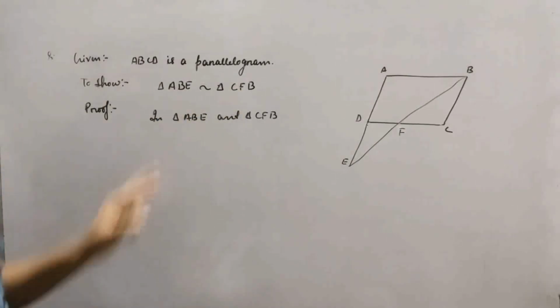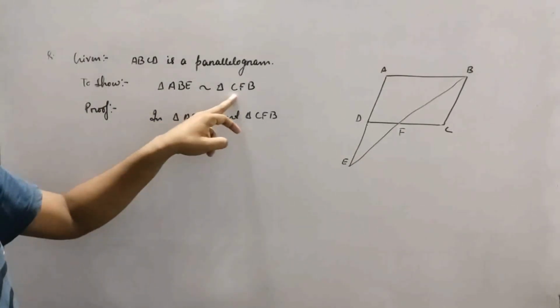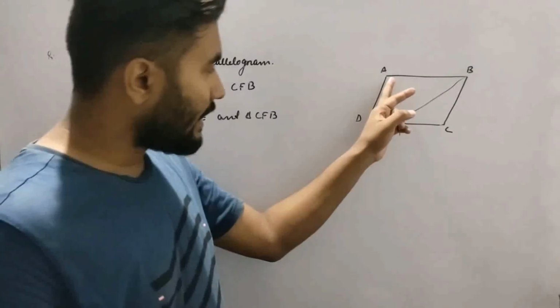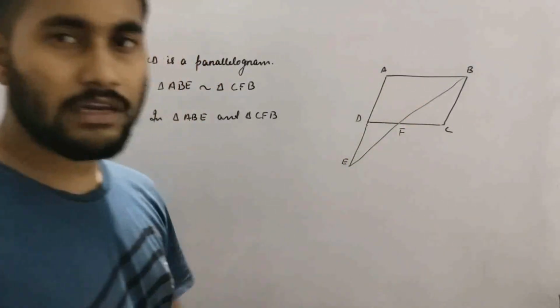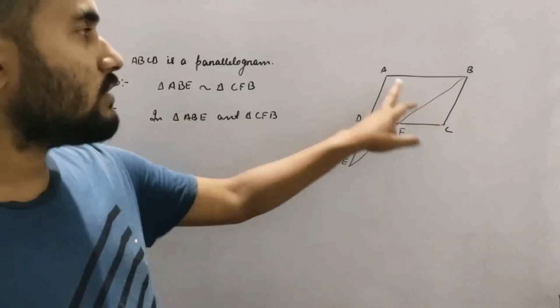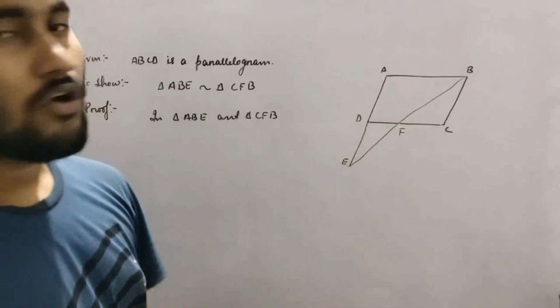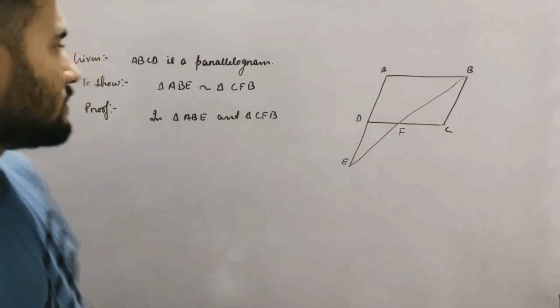Okay, what will be equal to what? So A should be equal to C. Yes, definitely angle A should be equal to angle C. Why? Do we know the reason? Yes, we know the reason. Opposite angles of a parallelogram, isn't it?